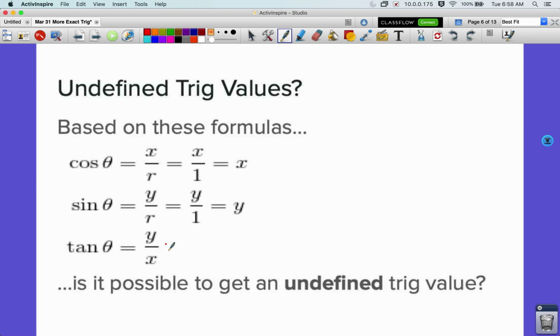Tangent is opposite over adjacent, and it is possible for the adjacent, which would be the x value in the unit circle, to be equal to 0. So this can be 0. And up here, that's fine. That just means that the cosine of that angle is equal to 0. But here, if our x value is 0, this would make us divide by 0.